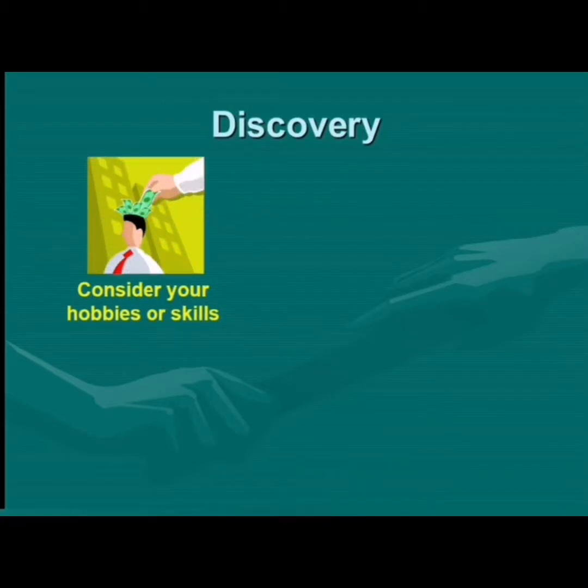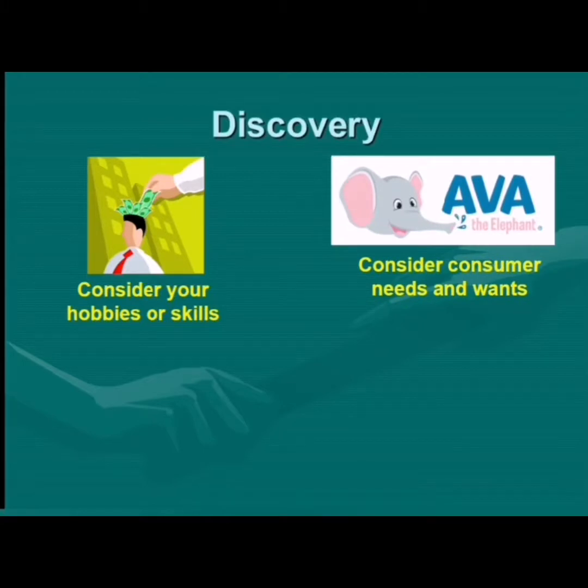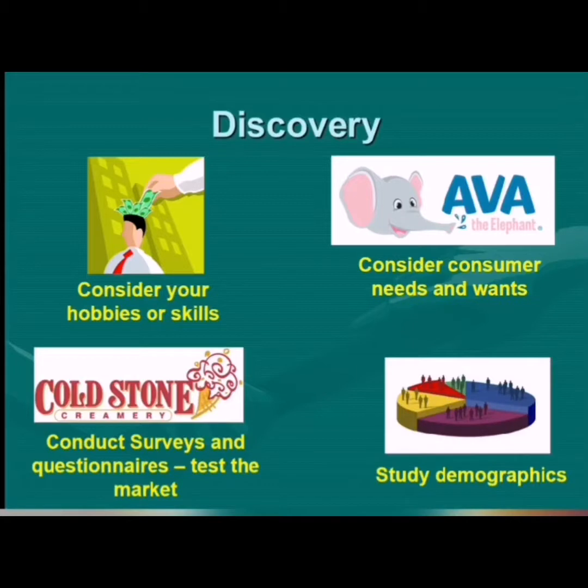In the discovery process, consider your hobbies or skills, consider consumer needs and wants, conduct surveys and questionnaires, as well as test the market. All these things are linked with the discovery phase. Most importantly, among all three which I have shared with you, studying the demographics is most important.